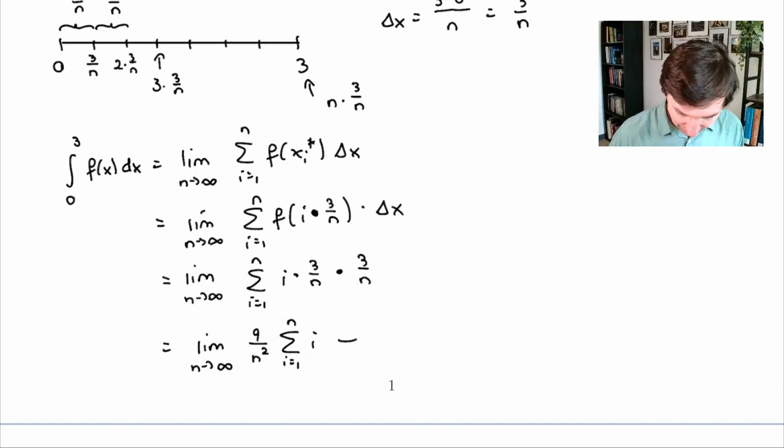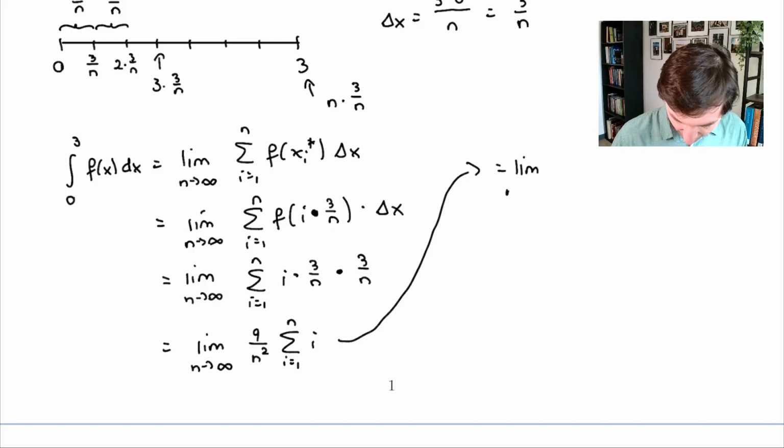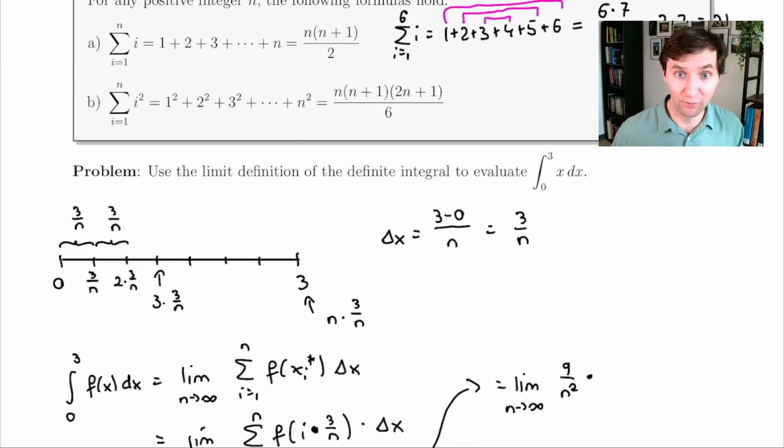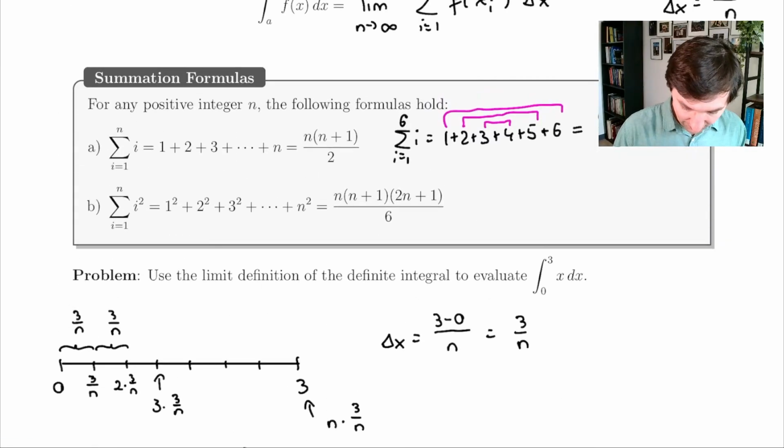We know now that I can rewrite this expression as the limit as n goes to infinity of 9 divided by n squared times, and instead of this sum, I will use the formula from the table above. The formula was n times n plus 1 over 2.